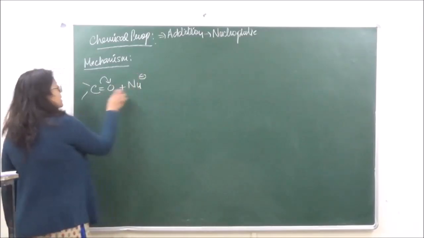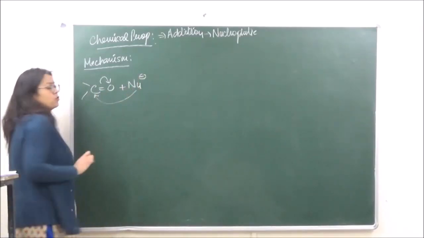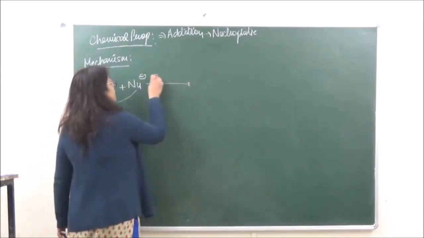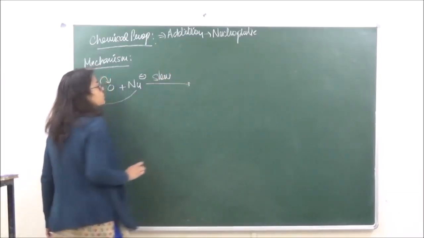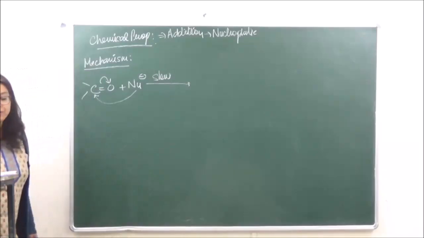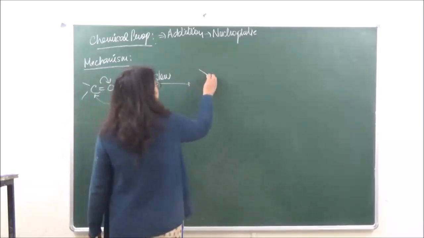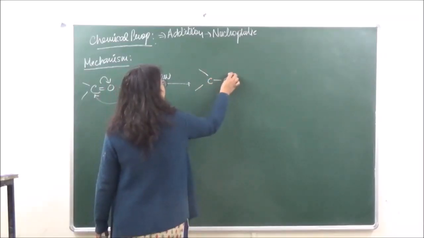As carbon is getting a positive charge, the nucleophile will go and attack the carbon atom. This step of the reaction is going to be a slow step and the rate determining step. So here we are going to get an intermediate anion.